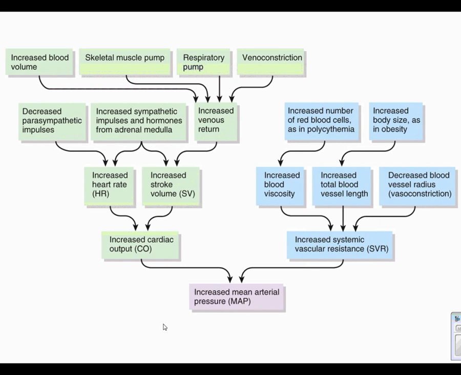We learned preload was affected by venous return, and we're going to talk more about venous return and the factors relating to it. I think that's the very next slide. Vascular resistance is influenced by the three things we just talked about: total blood vessel length, viscosity of the blood, and then the blood vessel radius, or the lumen size.